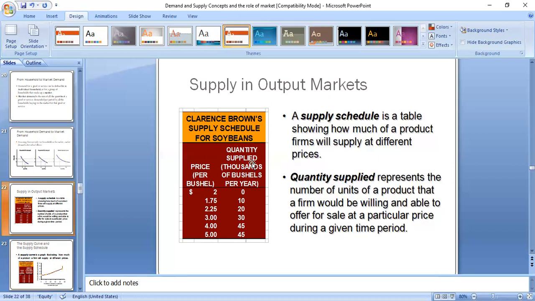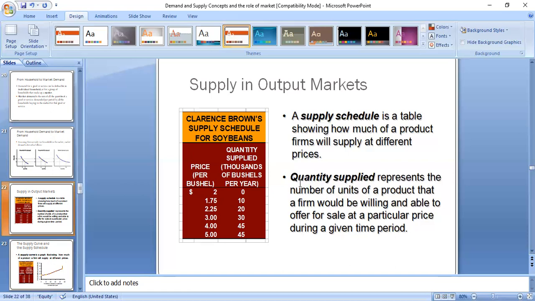So we are assuming this is a supplier, and for each corresponding price, for example, for $1.75, he supplies maybe 10 bushels, it could be kilograms, yeah? 10 bushels of soybeans, right? And at this particular price, $2.25, he supplies 20 bushels of soya beans, right? So that is his supply schedule, assuming he's a supplier of soya beans, right?